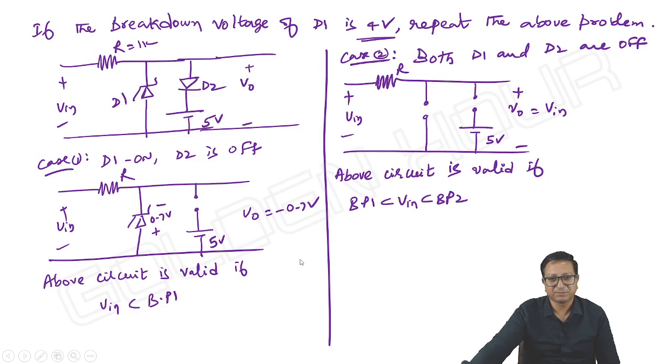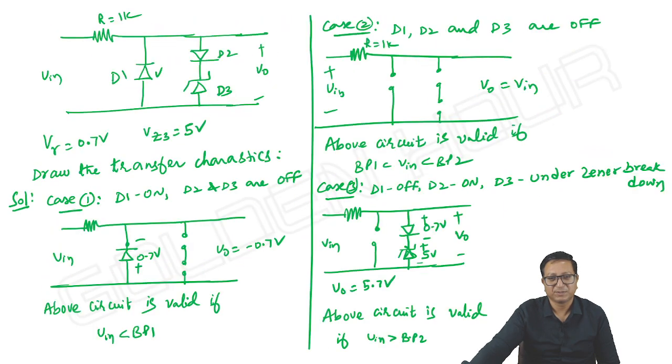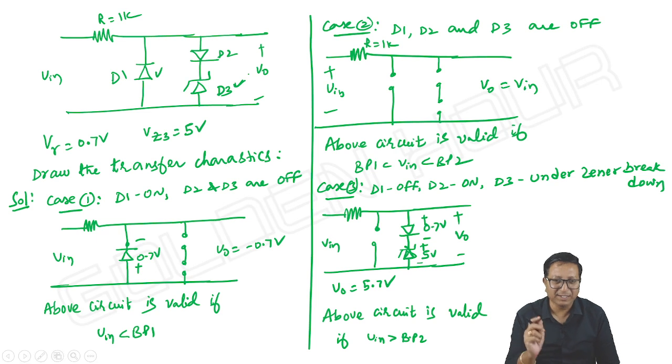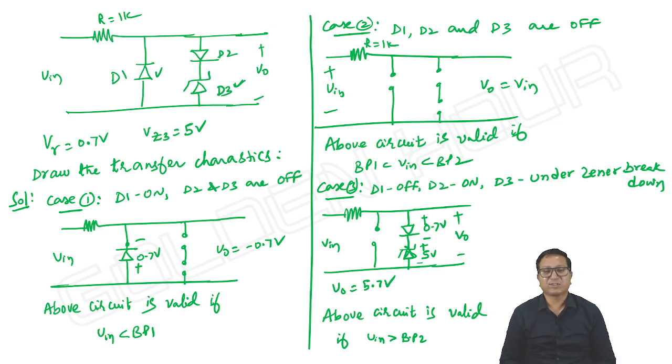Now you look at this one. In this, what we can observe is that instead of a 5 volts battery, I can place a GNR diode whose breakdown voltage is 5 volts. That will also give us the transfer characteristics same as the previous. So this circuit and one more circuit that I wrote here, there may be a GNR diode, but its VZ is 10 volts, so it does not play any role.